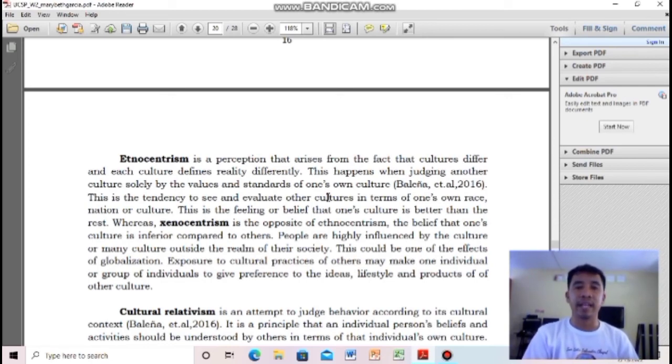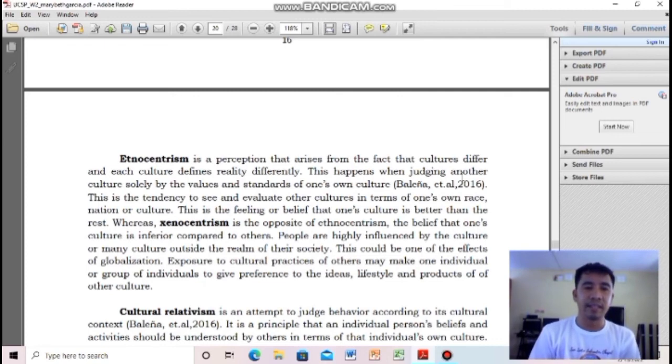This happens when judging another culture solely by the values and standards of one's own culture. This is the tendency to see and evaluate other cultures in terms of one's own race, nation, or culture. Sa ethnocentrism, dili mo ginananta o ginajudge ni mo ang kultura sa ibang gamit mismo ang imo ko agalingon nga kultura. So, ang tendency nagiging unfair ikaw, no?